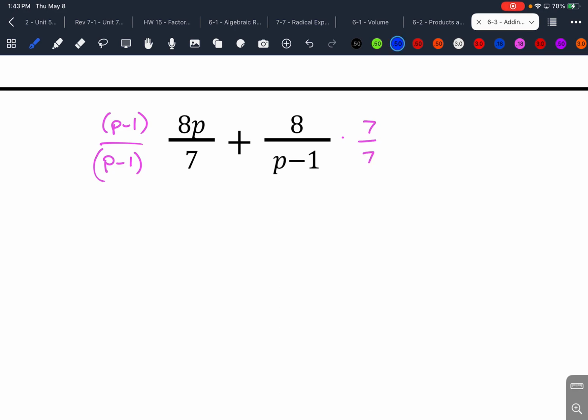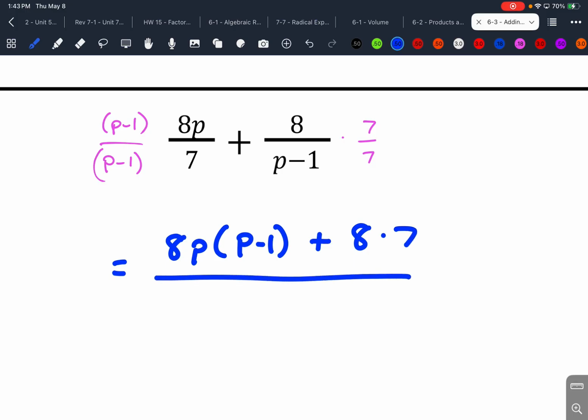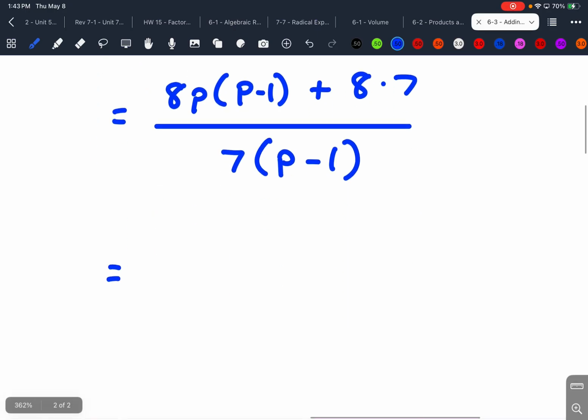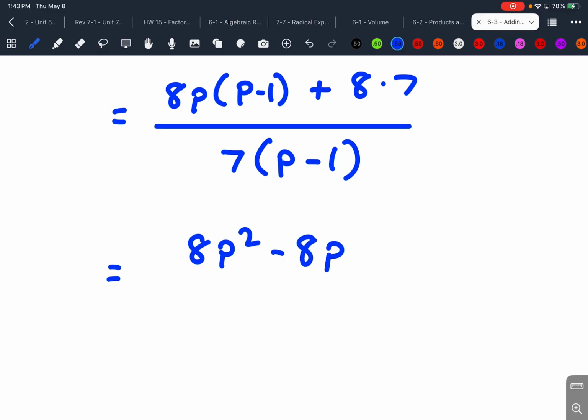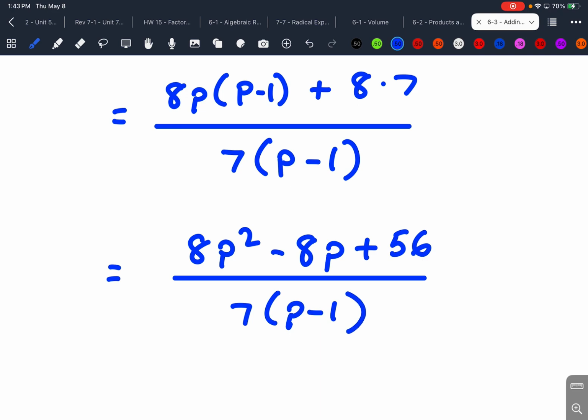And what that's going to get us is 8p times p minus 1 plus 8 times 7 all over 7 times p minus 1. So that would be 8p squared minus 8p plus 56 over 7 times p minus 1.